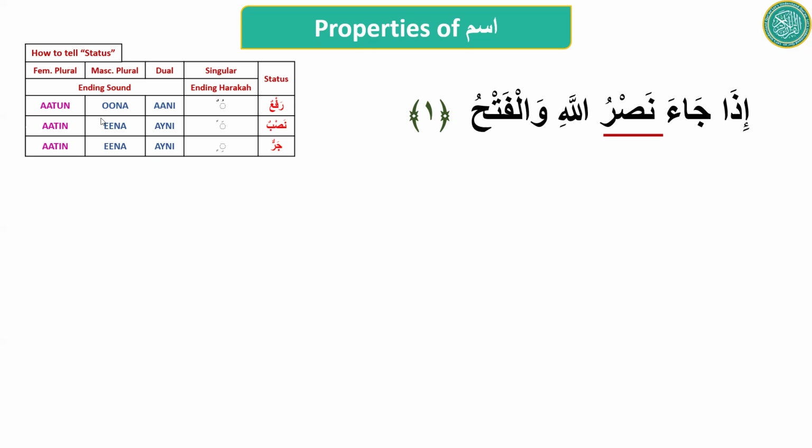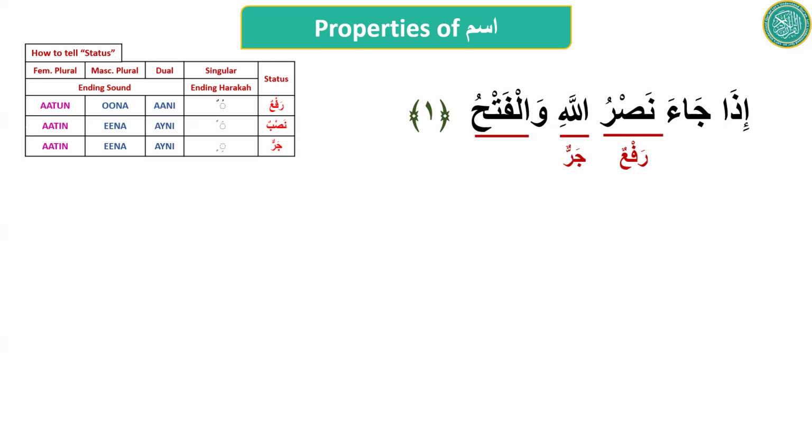Because it ends with U. The Dhamma is Dhamma. Very good. Thank you. How about Allahi? Still me? What is the status of Allahi? Jar. Why Jar? Because it ends with Kasra. Kasra, very good. Thank you, sister.